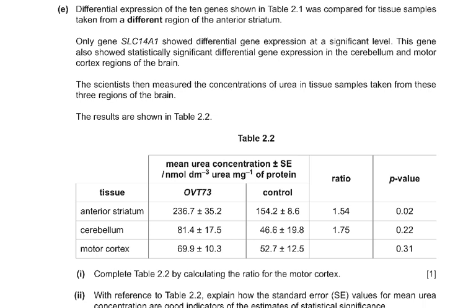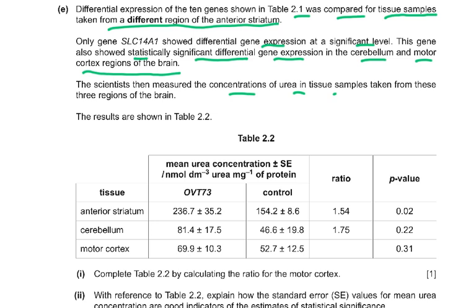Then coming to part E of the question: differential expression of the 10 genes shown in table 2.1 was compared for tissue samples taken from a different region of the anterior striatum. Only gene SLC14A1 showed differential gene expression at a significant level. This gene also showed statistically significant differential gene expression in the cerebellum and the motor cortex region of the brain. The scientists then measured the concentration of urea in tissue samples taken from these three regions of the brain.